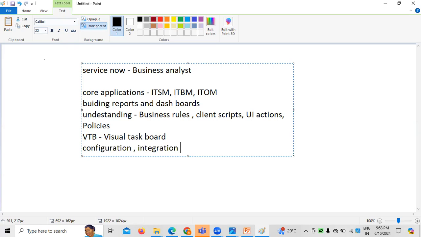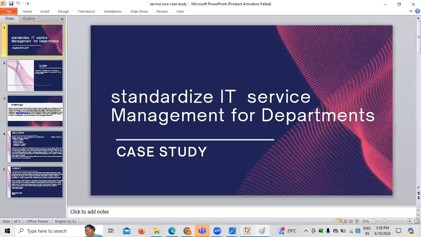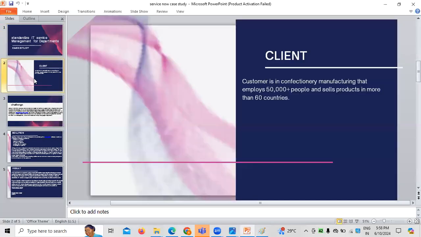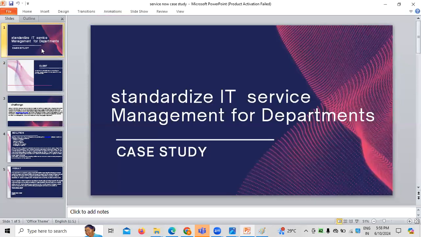For that, there are different case studies we can do, which we are going to discuss in the coming days. This is a case study which I'm showing you. This case study is majorly used to standardize IT service management for all the departments.